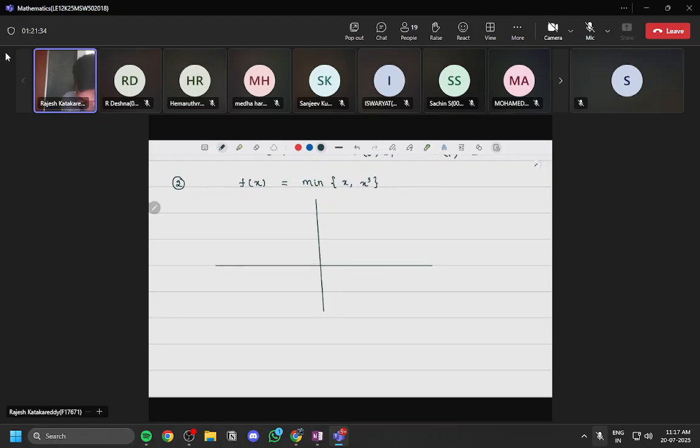I didn't remember correctly. It's not coming properly. See, continuity, no doubt it will be continuous only. Don't worry about continuity.